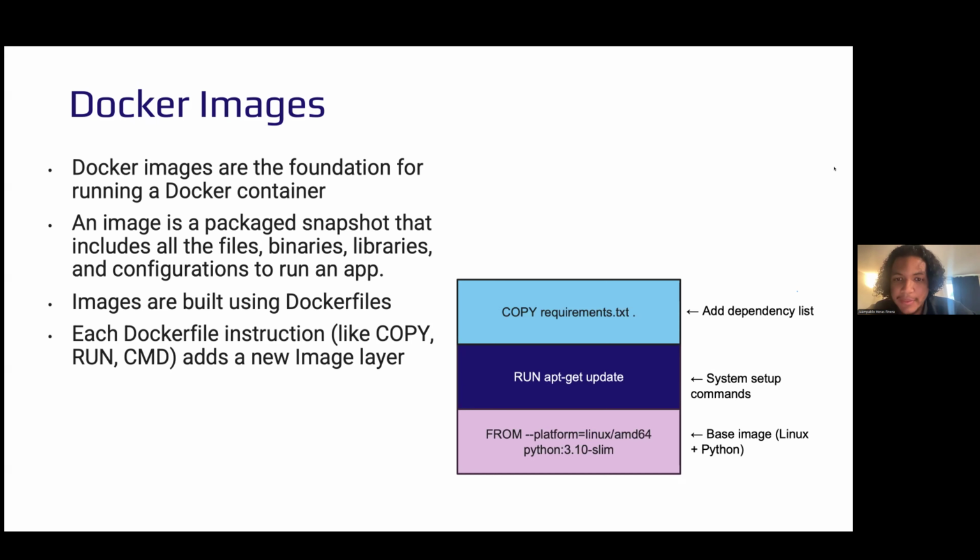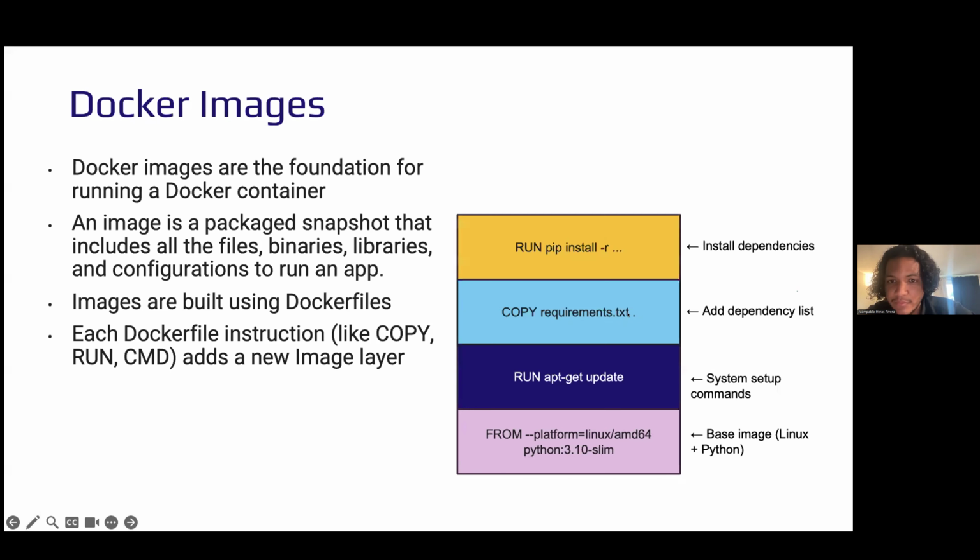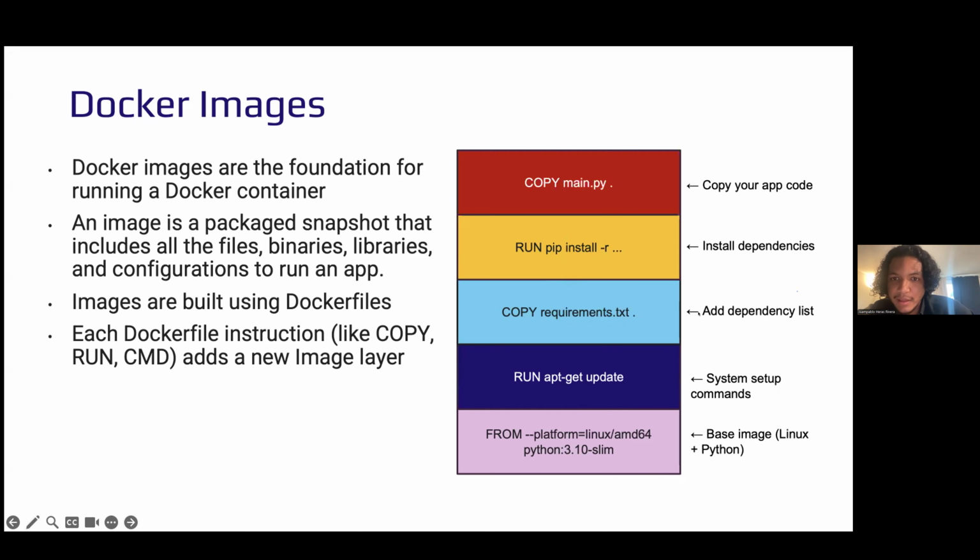We'll copy this from our local directory into the image directory. So copy requirements.txt to dot here. Then we can run pip install to install this in our image. It'll install all of the packages. And then we can copy our actual code and our repo and all of our logic into the directory as well.